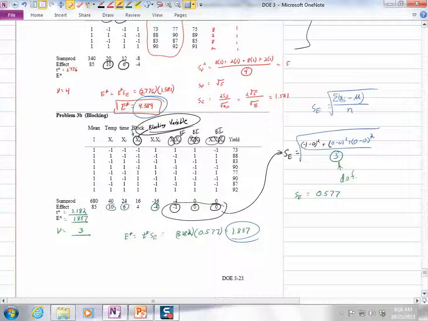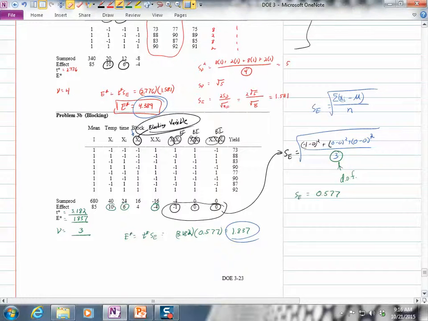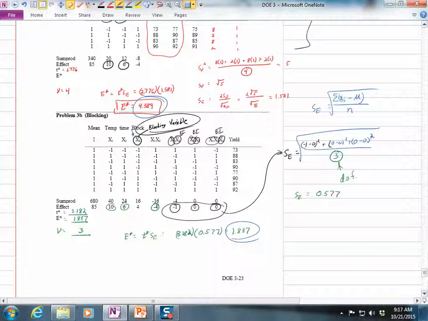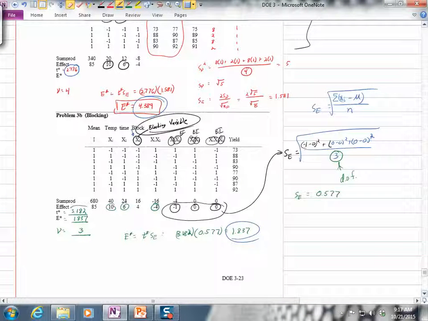So think of E star. It's the product of T star and SE. When we went from unblocked to blocked, what happened to T star? So compare T star here to T star here. It went up. Why did it go up? Less degrees of freedom. We went from 4 degrees of freedom here to 3 degrees of freedom in that guy.